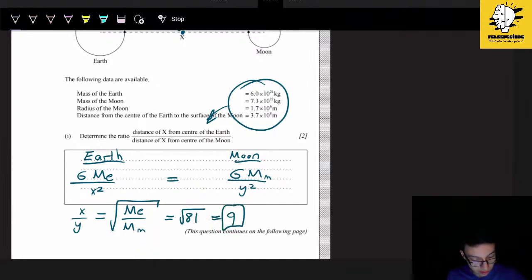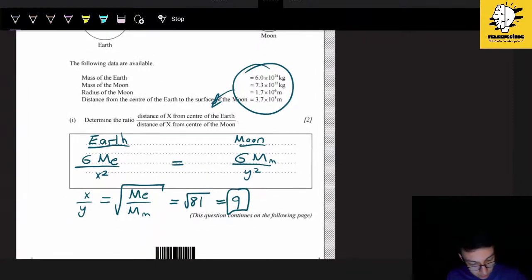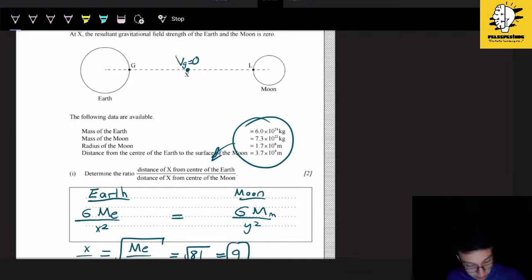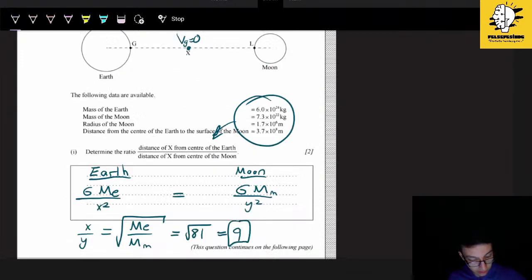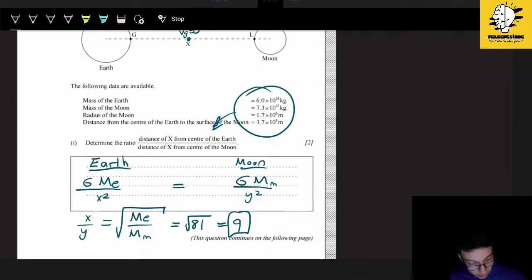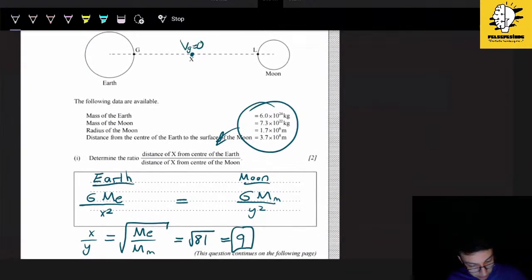So you will just say that since we know this is the gravitational field strength from the Earth, and this is the gravitational field strength due to Moon, they will be equal at point x, because it is stated in the question that at x the resultant gravitational field strength is 0. That's why they have to be equal. I said x is the distance from center of Earth, and I said this is y.